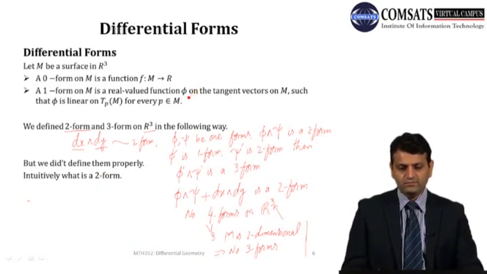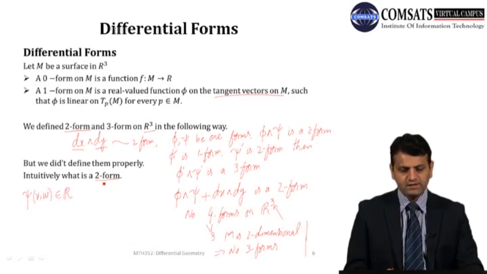What is phi, which is a one form? It is a function on tangent vectors on M, and it is a real valued function which is linear. Two form को हम ऐसे define करेंगे that it is a function of two vectors and it is a real valued function and it is linear in both coordinates.